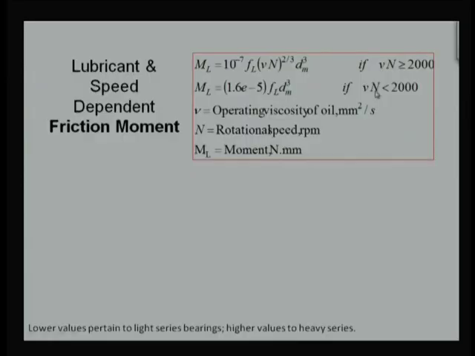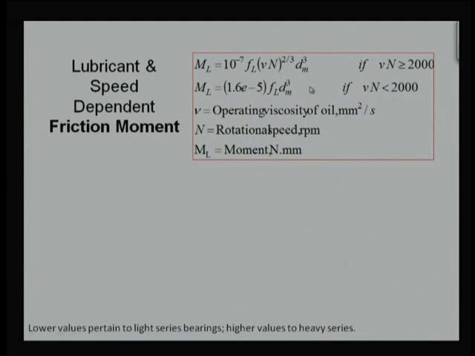Now when this product of kinematic viscosity and RPM is more than or equal to 2000, we have a different relation. An interesting thing is that if I substitute nu times n equal to 2000 in this relation, I'll get the earlier relation, so there is continuity and compatibility between these two equations.